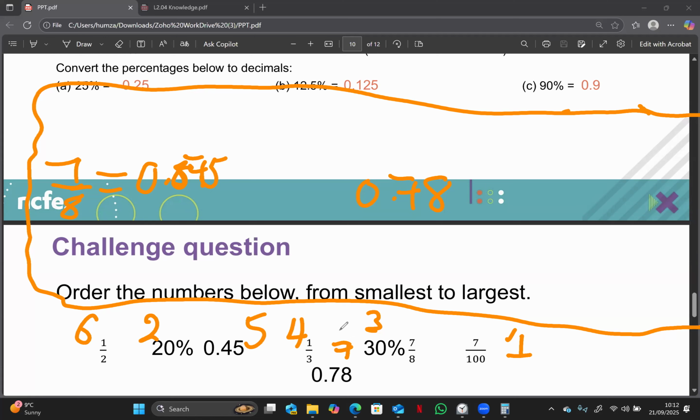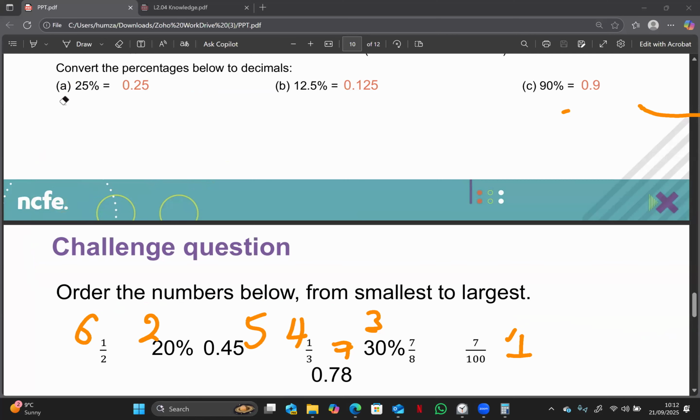And the last one is 0.875. Yeah, exactly. So that is the eighth one, which is 7/8.